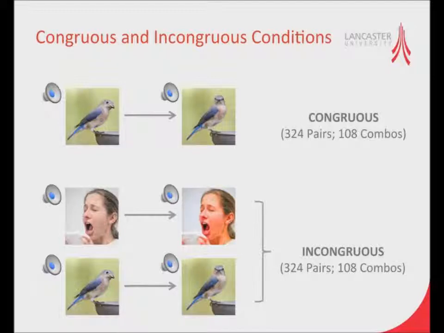And I mentioned that we have congruous and incongruous conditions. So in the congruous condition, you had a bird sound with a bird. Okay. But in the incongruous conditions, you could have a photo of a lady sneezing and then a bird sound. Okay. Or a bird image with a telephone sound. Okay.